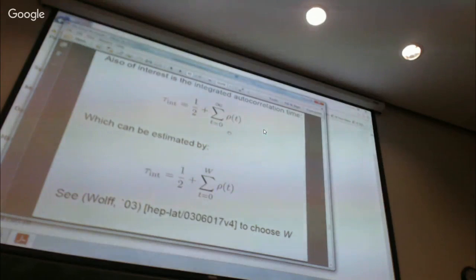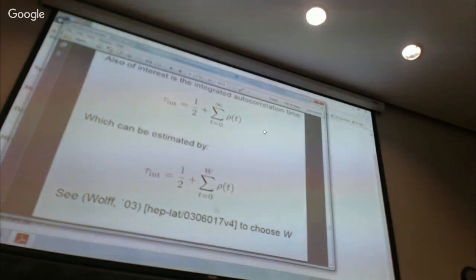As time increases, rho of t becomes less and less well determined. In fact, rho of t also decays quite rapidly, so it's a very reasonable thing to do to truncate this estimate of the integrated autocorrelation time by introducing this upper bound to the sum.